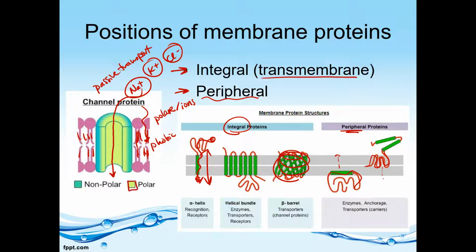All of the polar amino acids are going to be toward the center of this channel because sodium is very polar, and polar things like other polar things. And so sodium can easily pass through this polar channel.